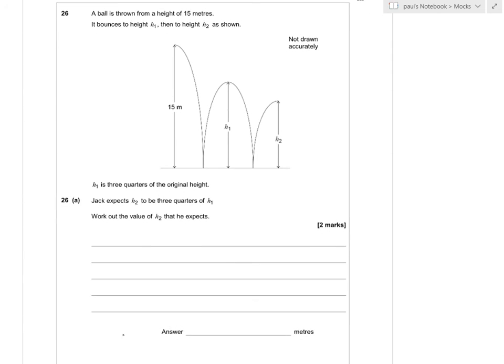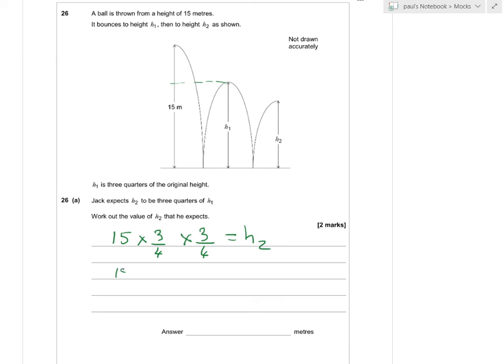Right, a ball is thrown out the window. H1 is 3/4 of the original height. Jack expects H2 to be 3/4. Work out the value of H2. So we've got 15 times 3/4, and then times that by 3/4 again, and that should equal H2.